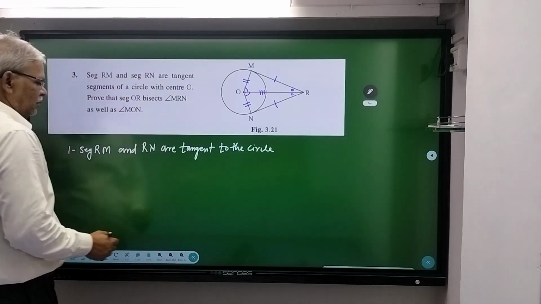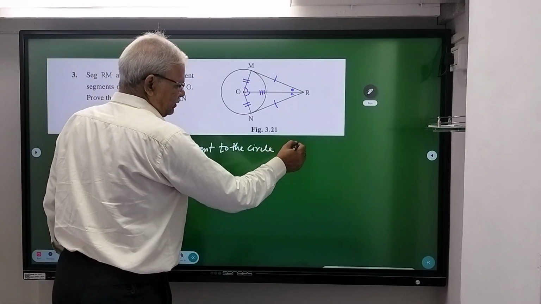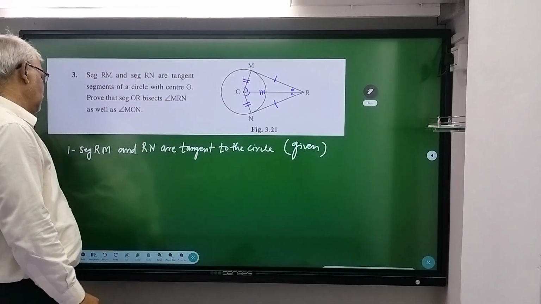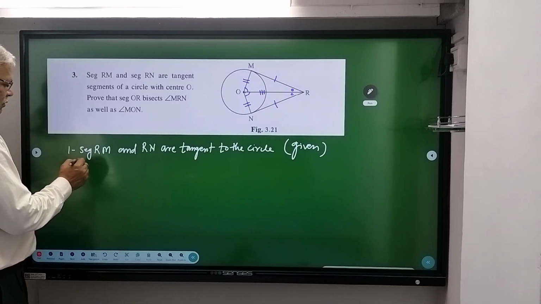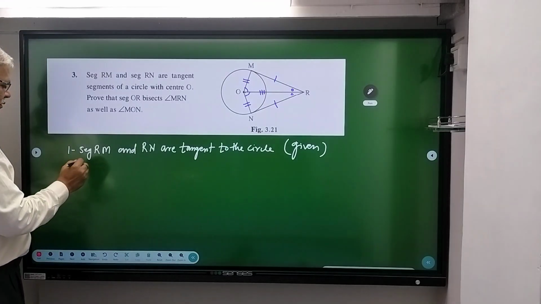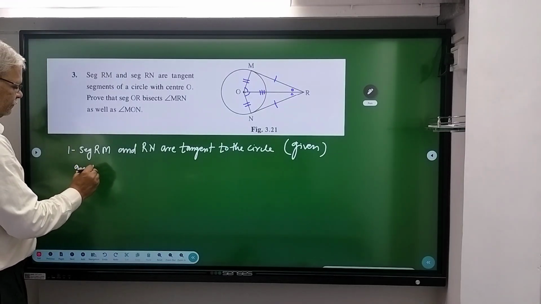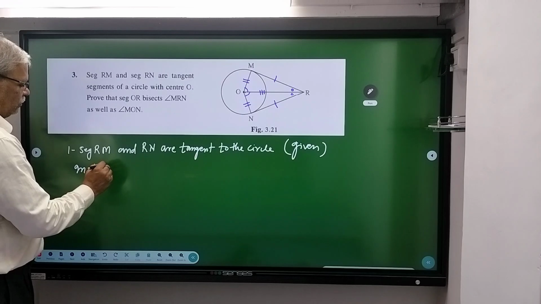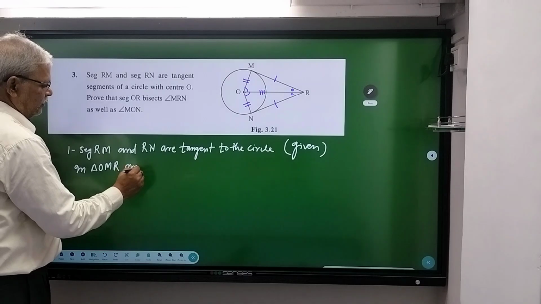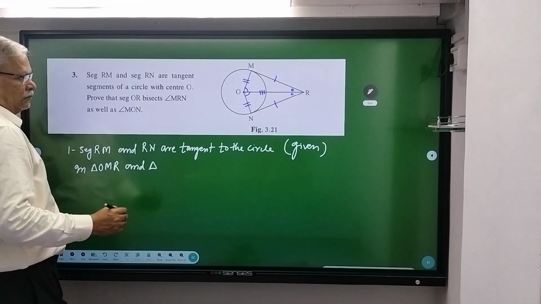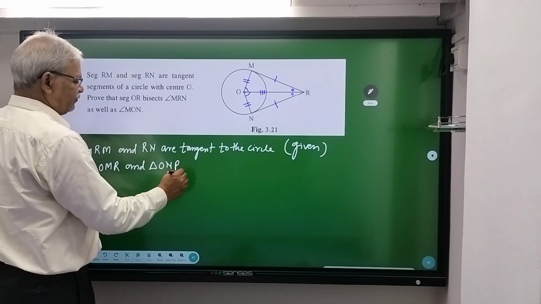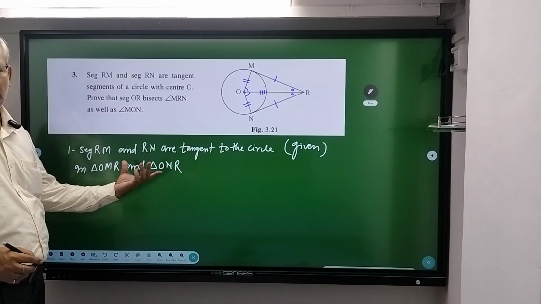This is given. You can write here. Now we will take these two triangles. In triangle OMR and triangle ONR, means we are working in these two triangles.